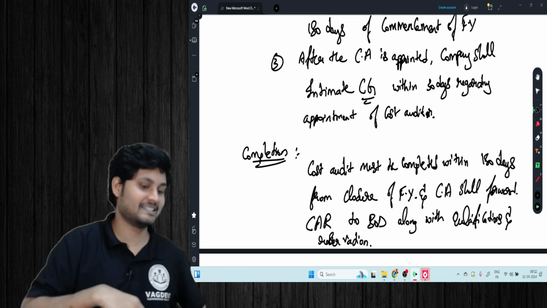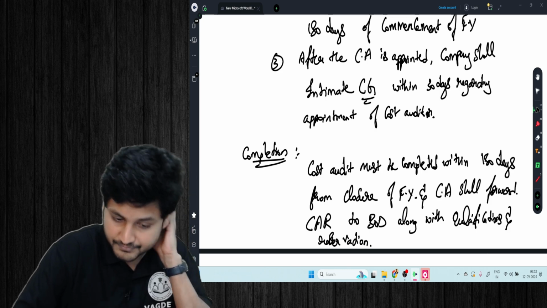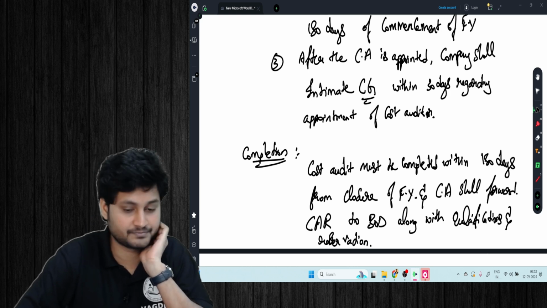Next one, casual vacancy. Keep the heading casual vacancy.